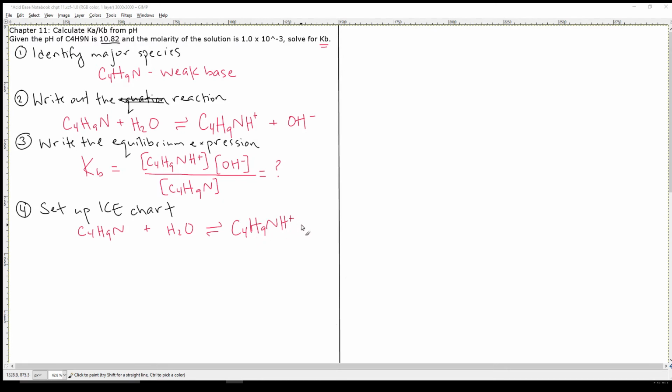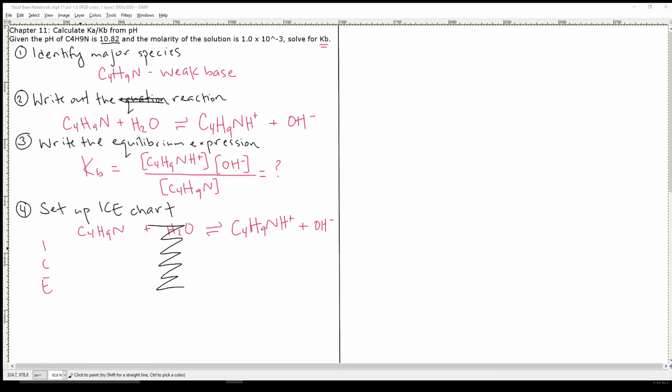I don't want to actually write any numbers down in its column because it's a liquid, and we don't include liquids in our equilibrium calculations. If you prefer to leave it out, that's totally fine. You don't even have to write it down up here.